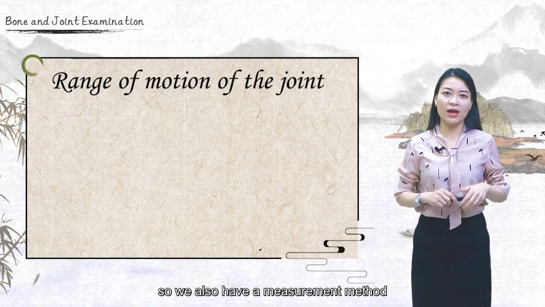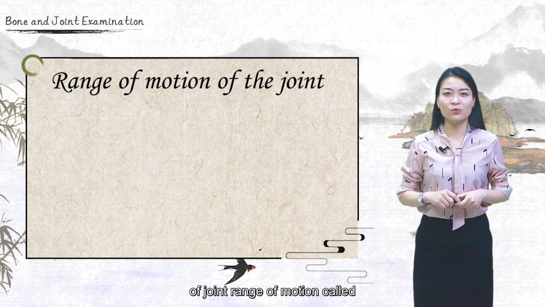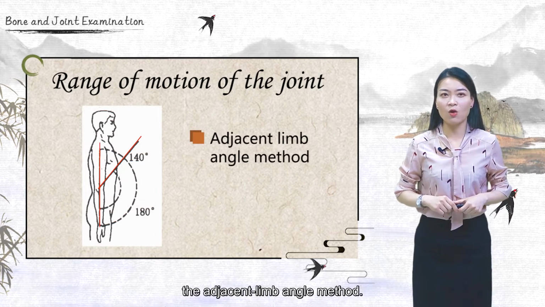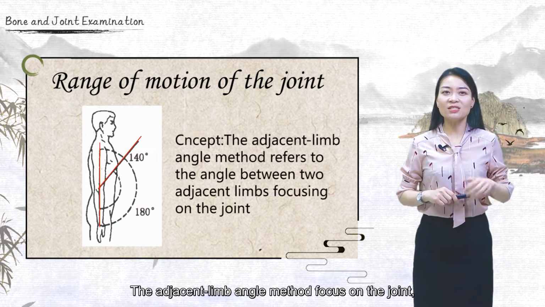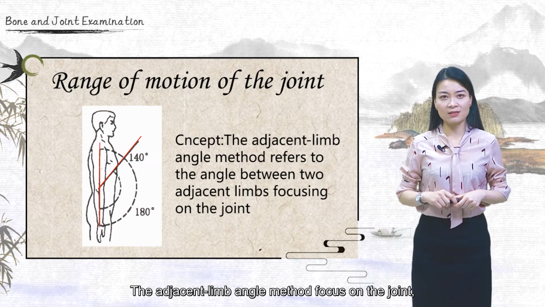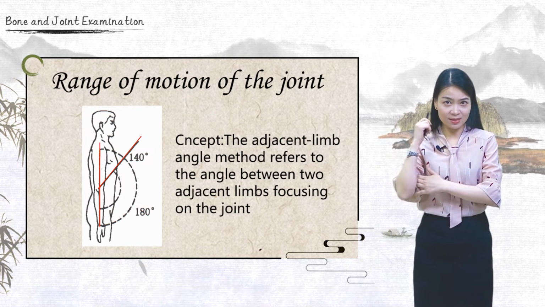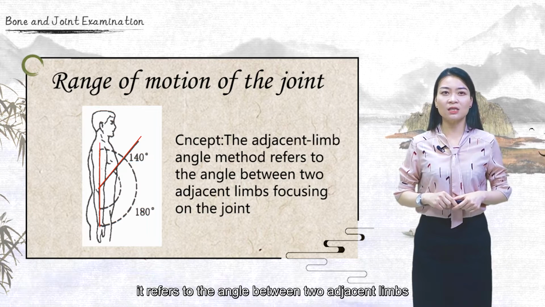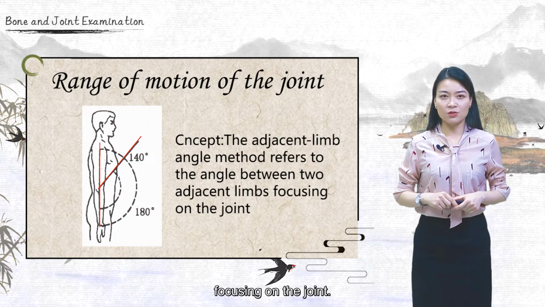So, we also have a measurement method of joint range of motion called the adjacent limb angle method. The adjacent limb angle method focuses on the joint. It refers to the angle between two adjacent limbs focused on the joint.